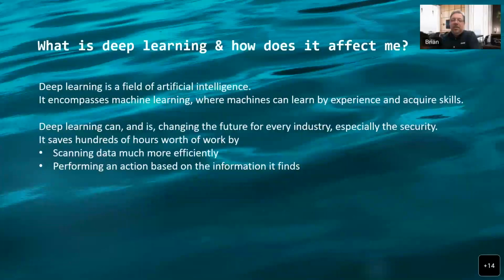So just to cover some of the foundations. What is deep learning? How does it affect things? Deep learning is basically AI, or artificial intelligence. It can be made up from machine learning, or from different modules of anything they may consider or encompass as artificial intelligence.